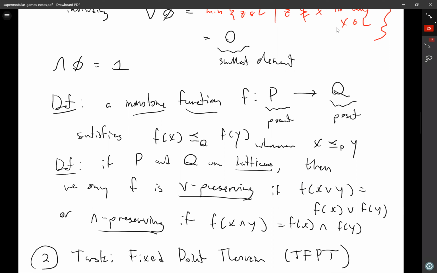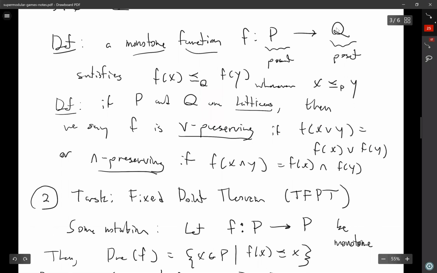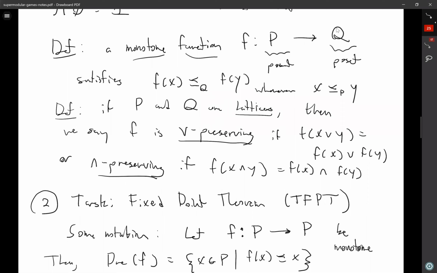For example, a monotone function satisfies this property, meaning that whenever you have something that is less than another thing and you apply f to these things, the order property is still preserved. In the case of lattices, I guess we don't actually end up using this in this talk, but the important maps of interest are join-preserving maps and meet-preserving maps.